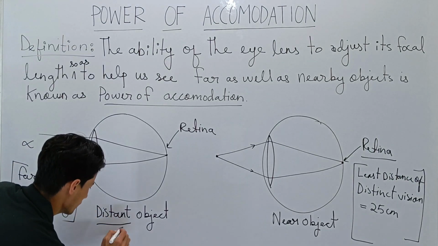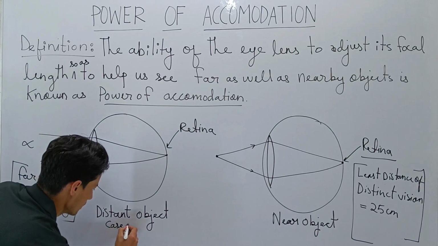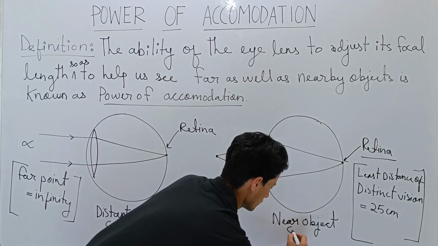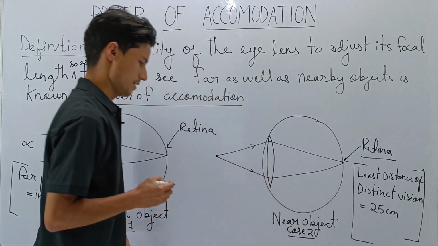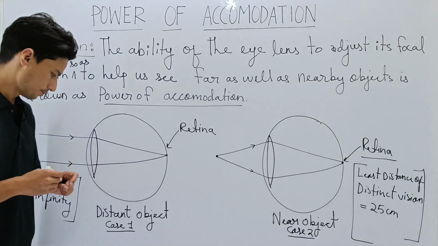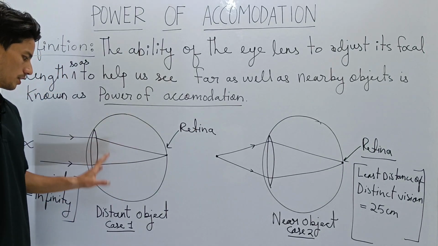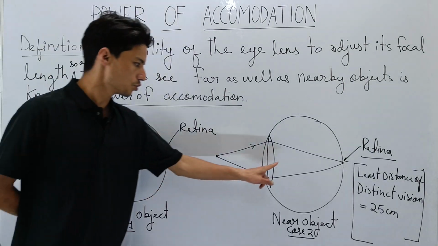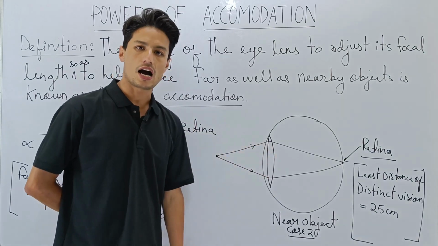Let me erase this one and say case 1. I hope it's visible. Case 2. I pray that it's visible. Now in case 1 the object is far, and in case 2 the object is near, with respect to the eye lens.